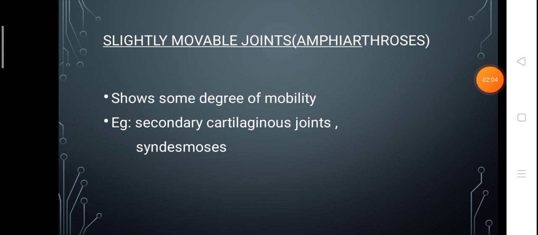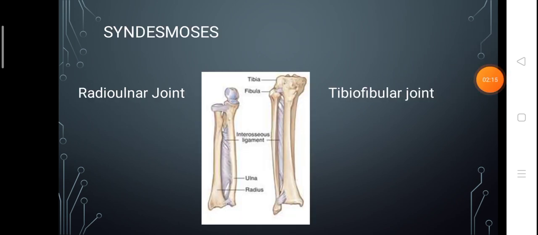Under amphiarthrosis, which are slightly movable joints, you have secondary cartilaginous joint and syndesmosis as the examples. So what is syndesmosis? These are joints where two bones are linked together by interosseous ligaments and membranes.